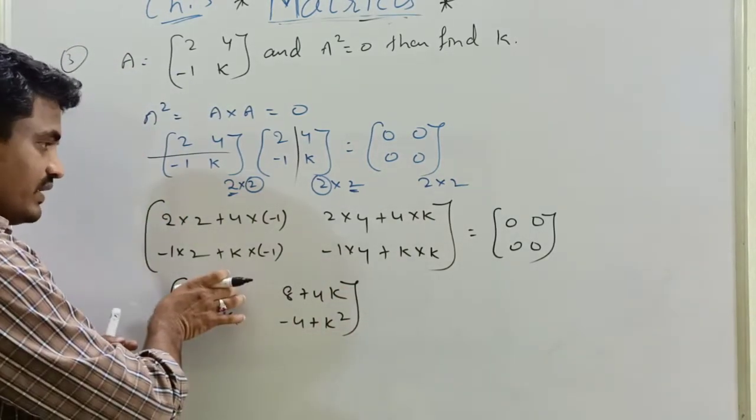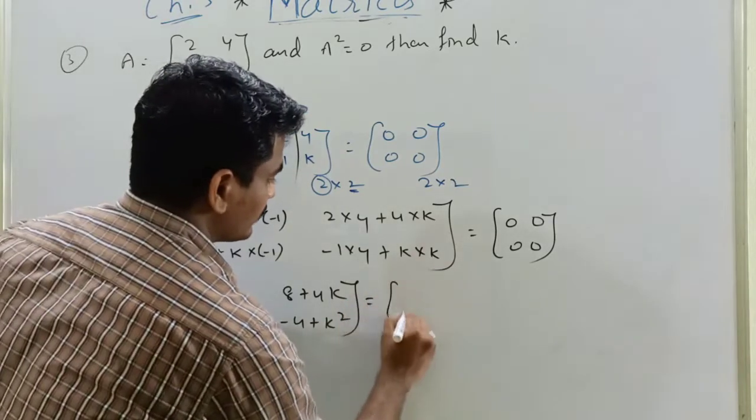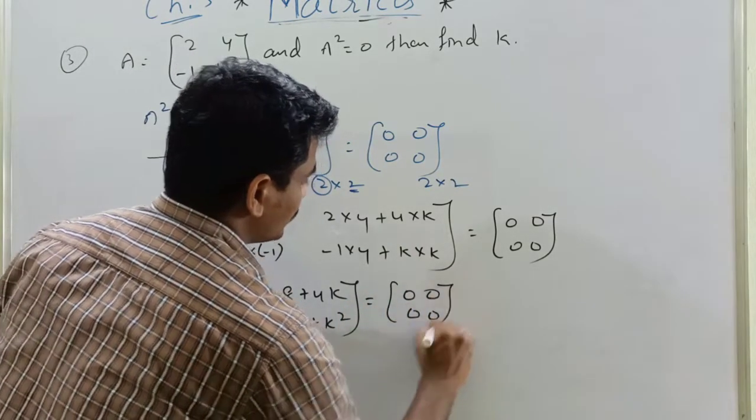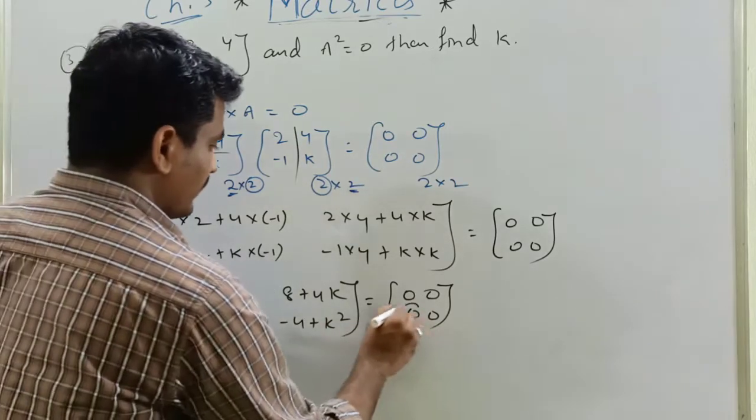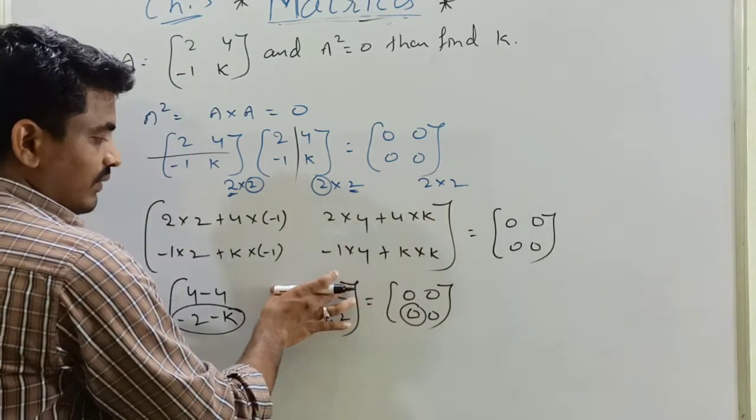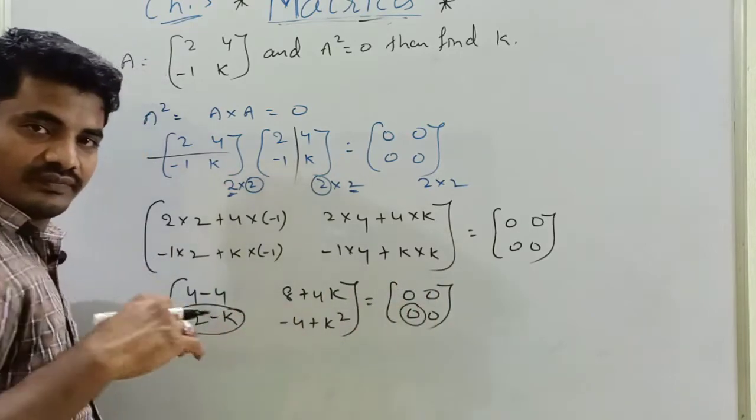So we are getting 0 here, and 0, 0, 0. Observe these elements, we can compare them, or we can compare the other elements also.